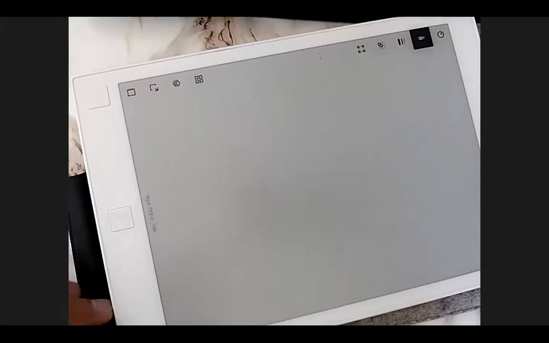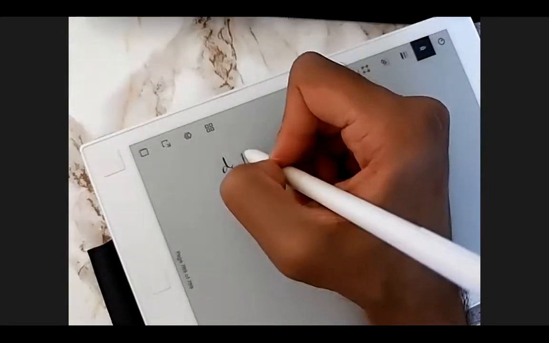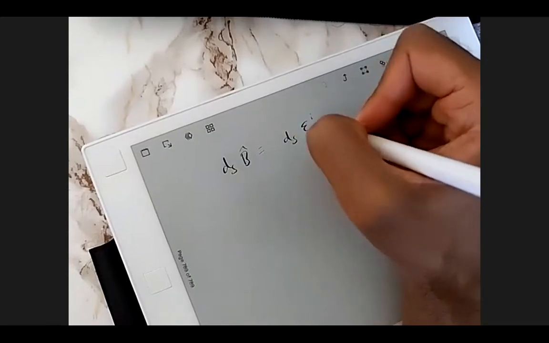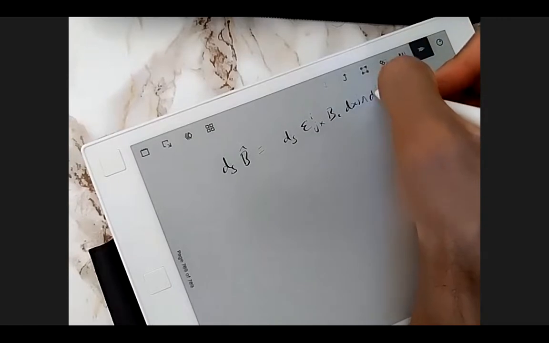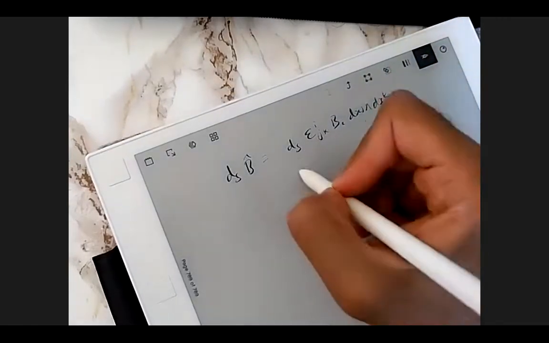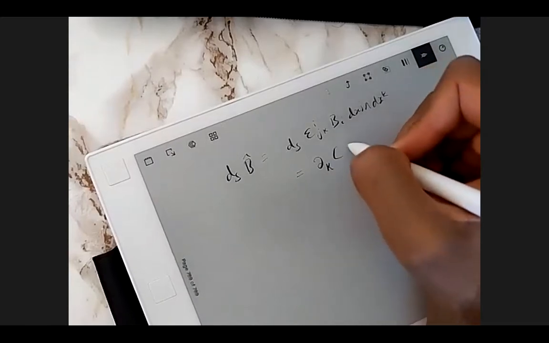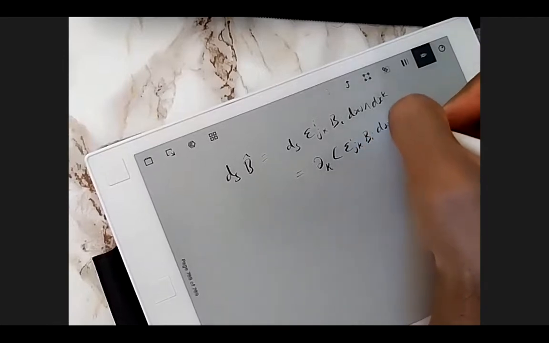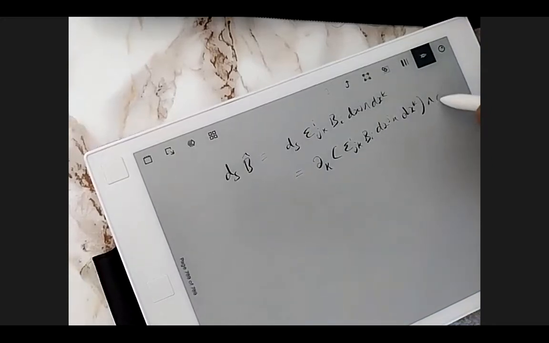So ds of b hat is ds of epsilon ijk, so it's really like dk, wedge.